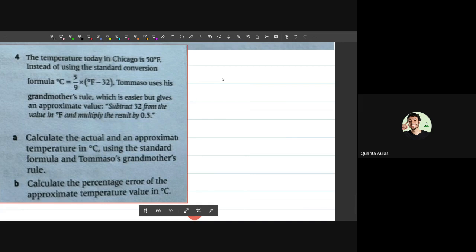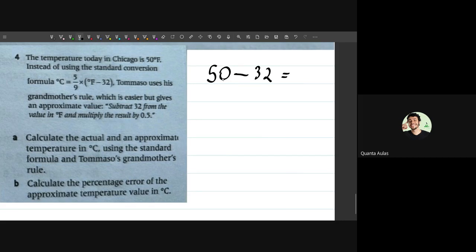Okay, I will do the Tommaso grandmother rule. You use the formula, okay? So 50, the grandmother rule is minus 32, is 18. So multiply the result by 0.5.